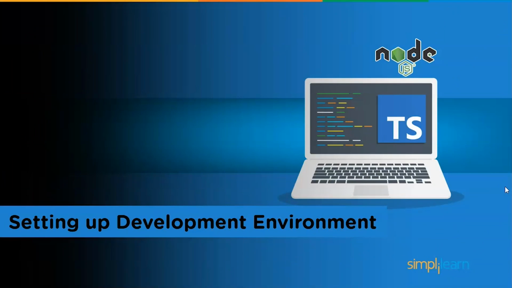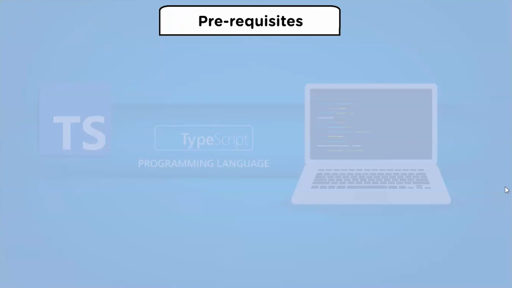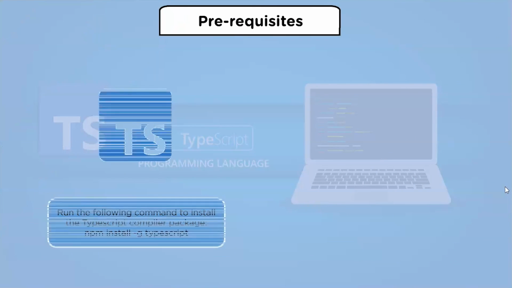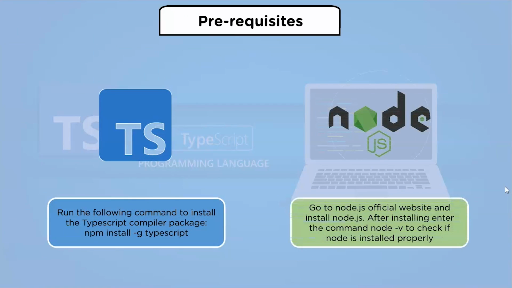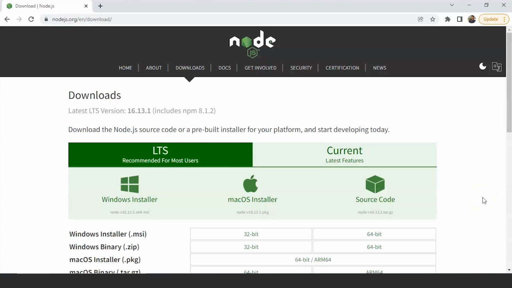Now let us see how to set up the development environment for TypeScript with Node.js. The prerequisites are we need to have TypeScript and Node.js installed on our device. To install Node.js, go to the official website. Go to nodejs.org and go to downloads.